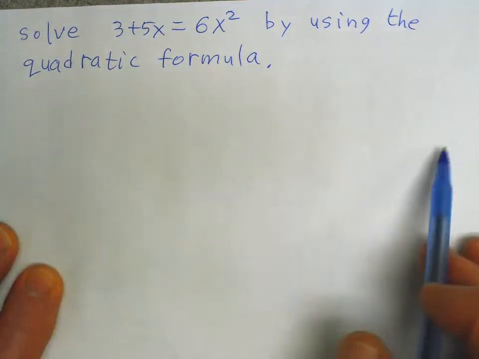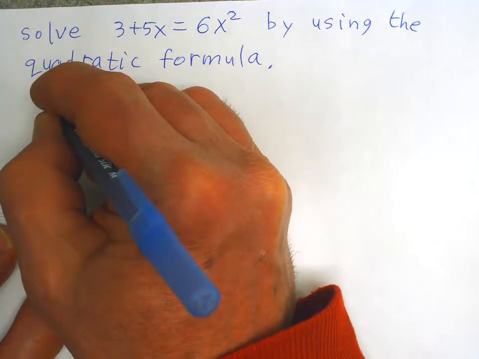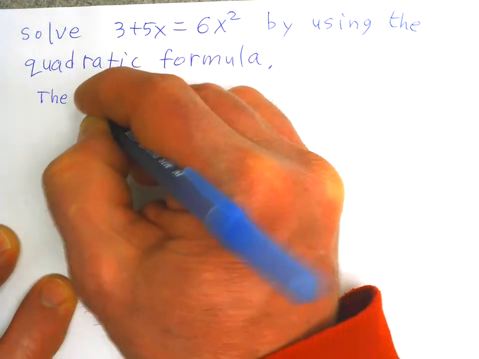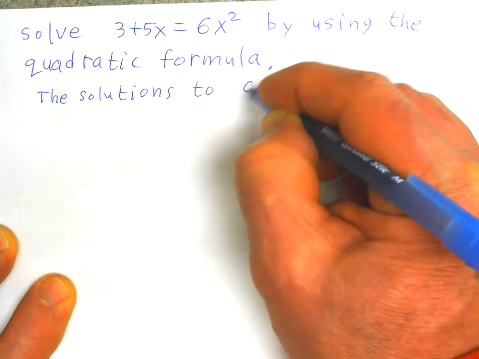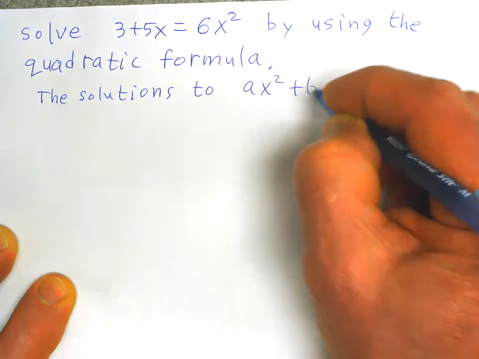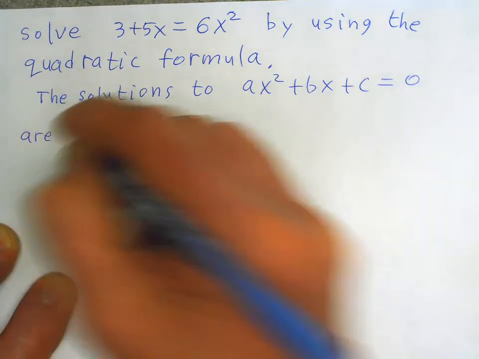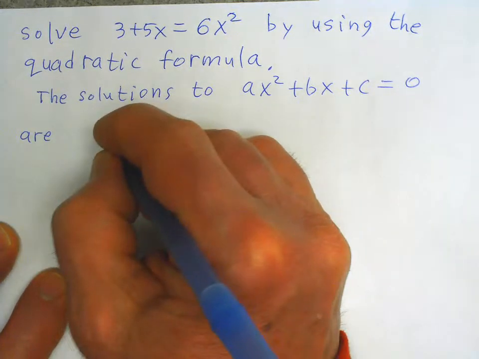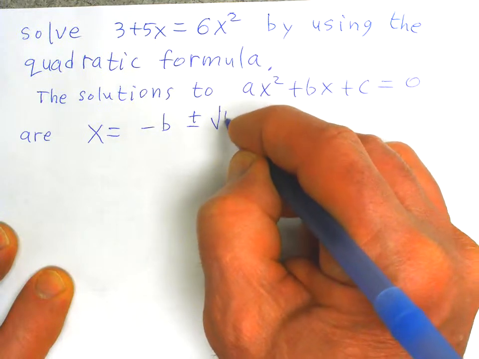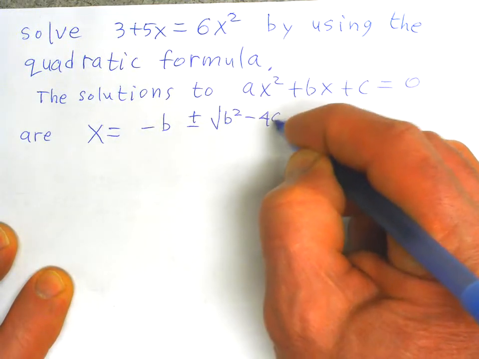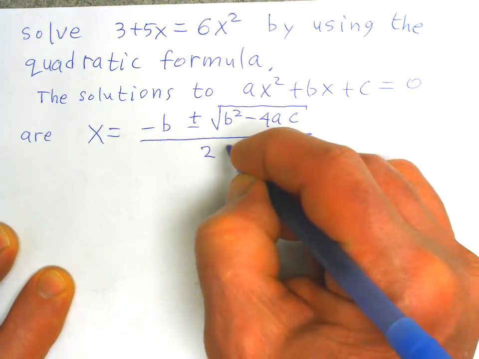So I'll give you the statement of the quadratic formula. That is the solutions to ax to the second plus bx plus c equals 0, or x equals negative b plus and minus the square root of b to the second minus 4ac, all divided by 2 times a.